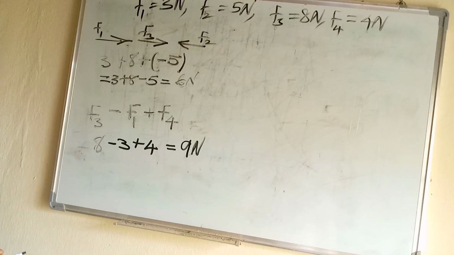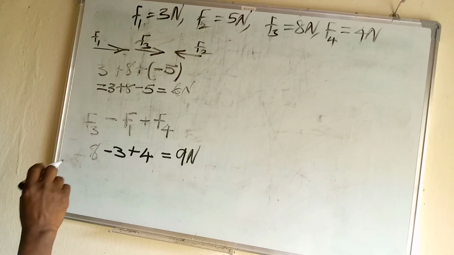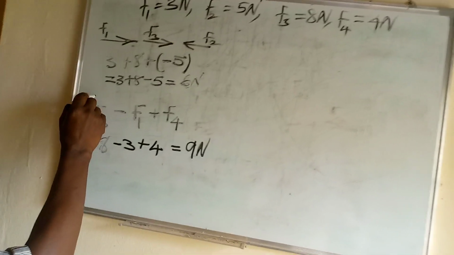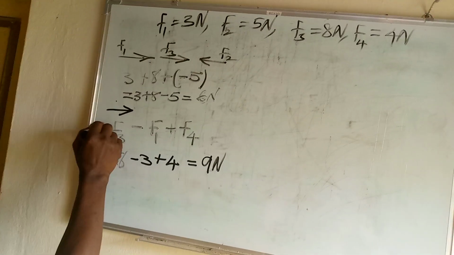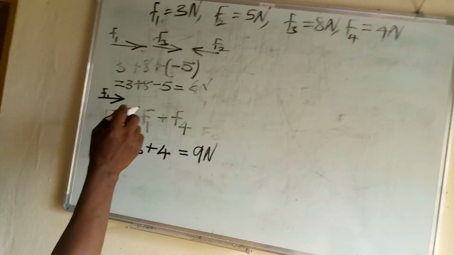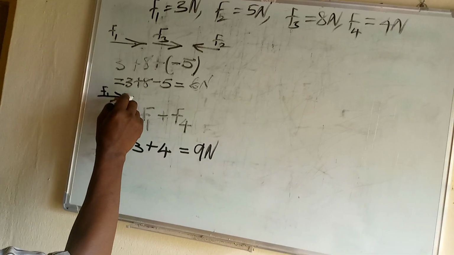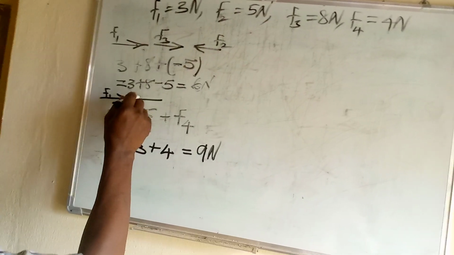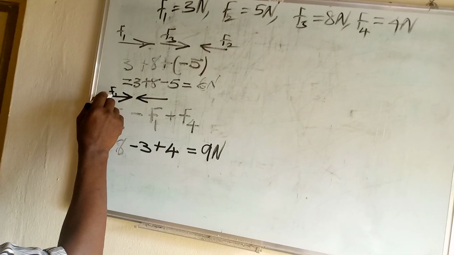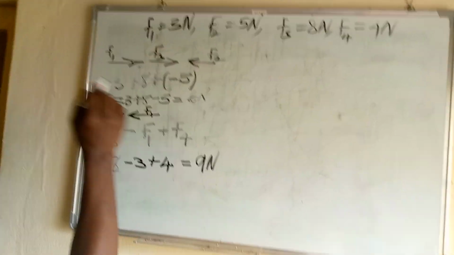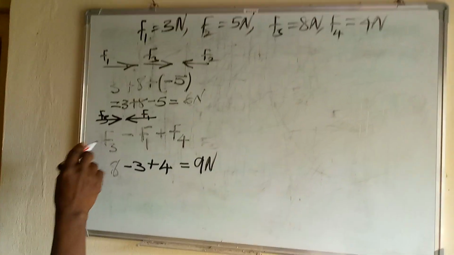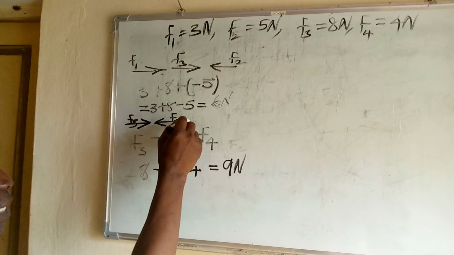In this case, we take the F3 direction as positive, sorry. F3 as positive. Then F1 again is against it.